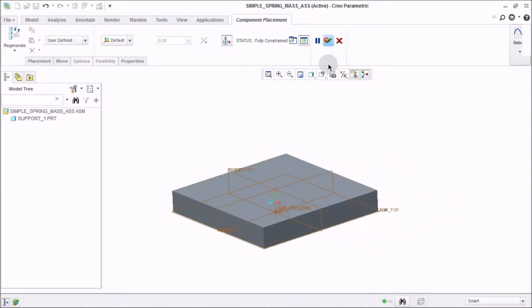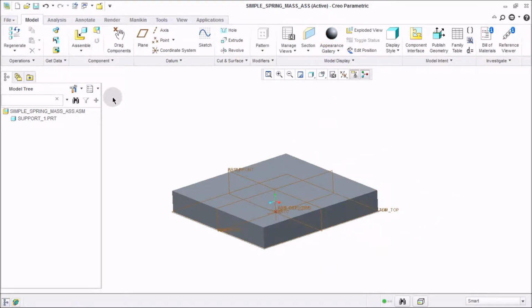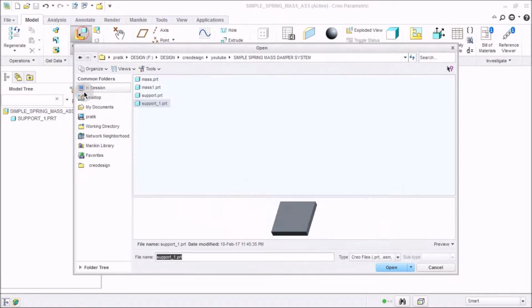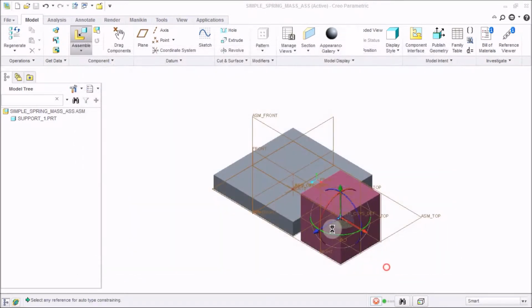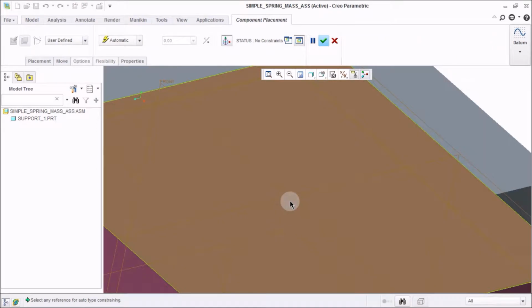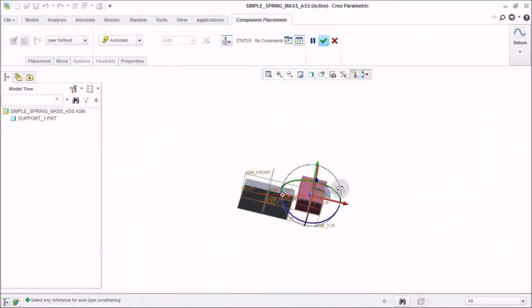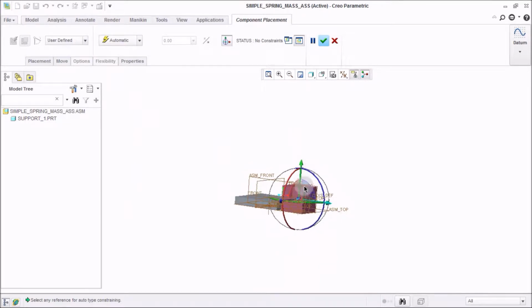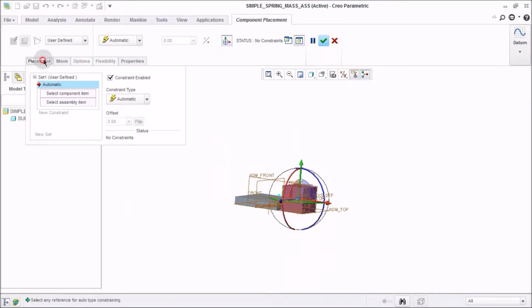Okay, then select mass 1. We want to make a slider mechanism, which means this mass oscillates about a fixed support. So we select the slider constraint.